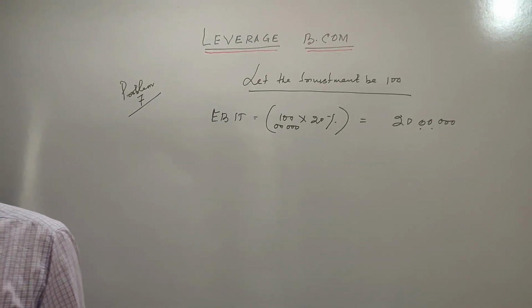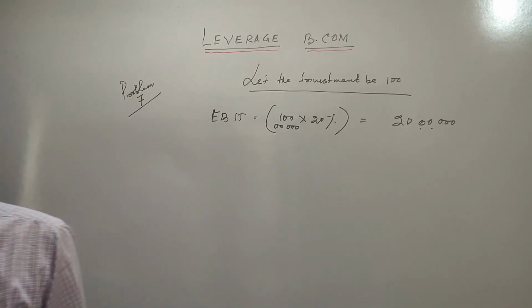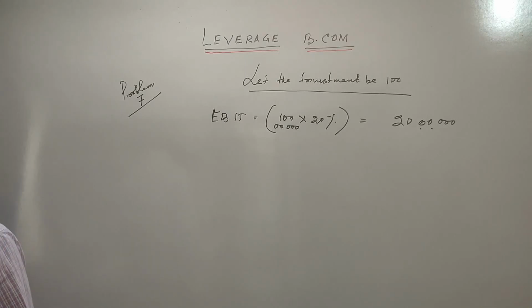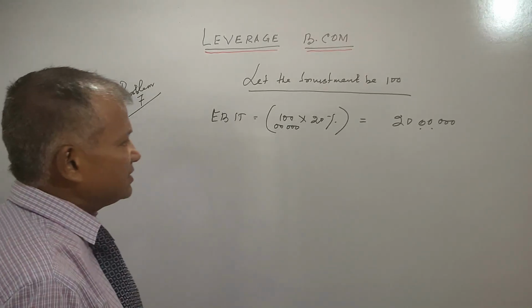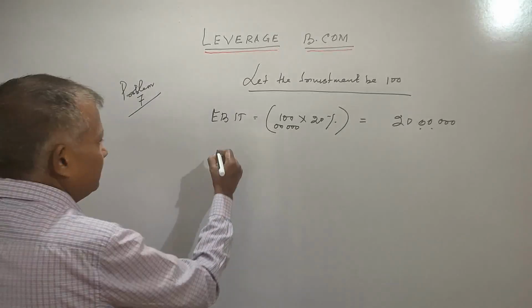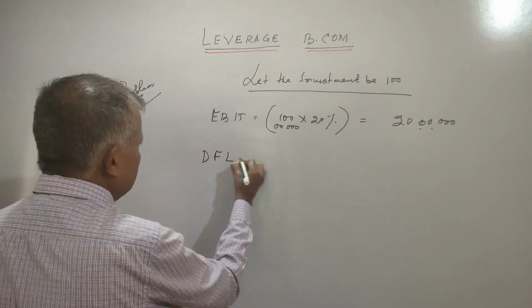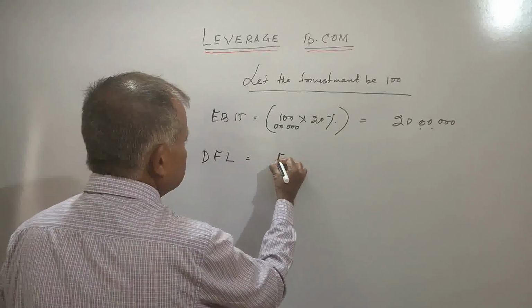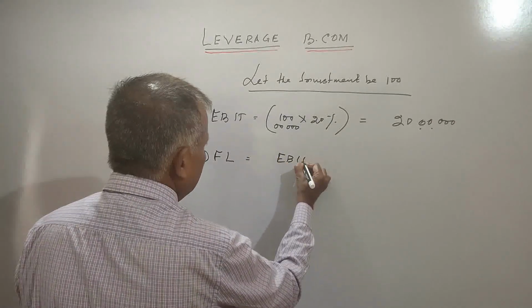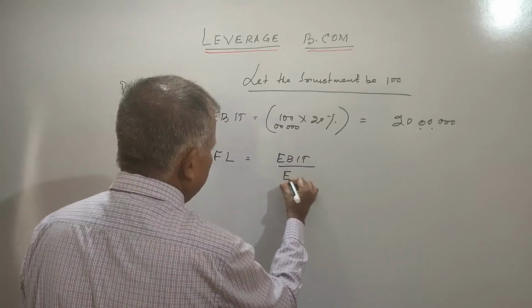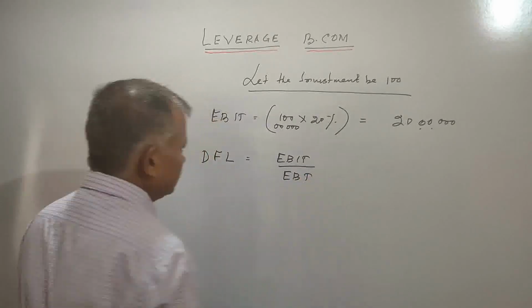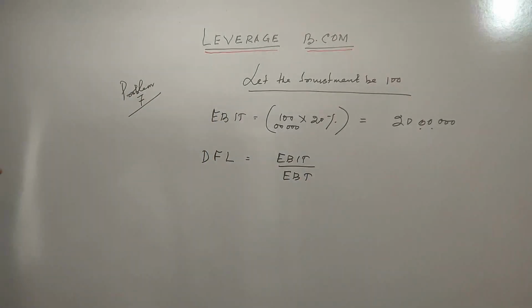And for EBT, in the problem they have given you the degree of financial leverage, which is EBIT divided by EBT. This is the formula, you know this.